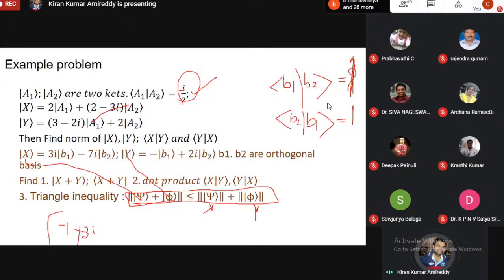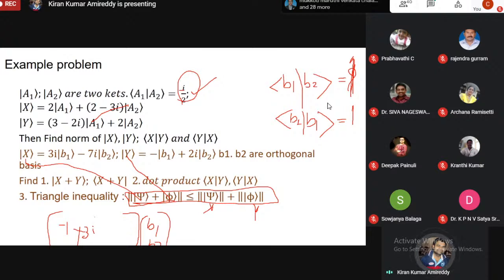If you want to express this in terms of matrix, you can also write like this. This b1 b2 are basis. So this is the b1 value.